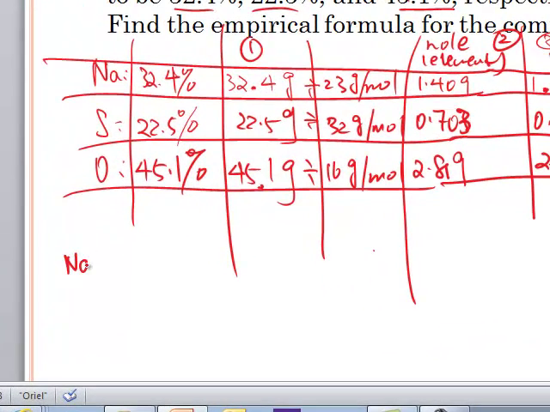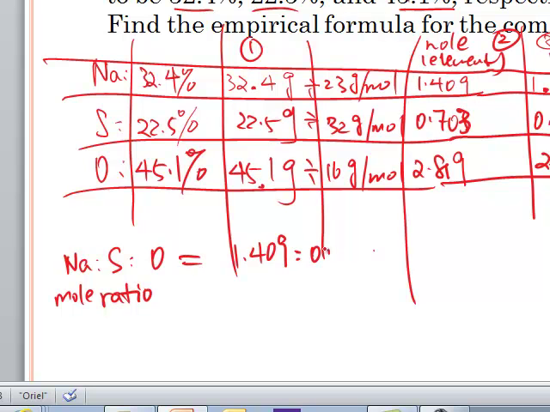Sodium, sulfur, and oxygen, it's a ratio between them. We're talking about the mole ratio. So in this case we will have 1.409 over 0.703 over 2.819. A very interesting fact to recall from your mathematics: if it's a ratio, you can take the values for each and divide them by any non-zero number, so the relative ratio between those elements does not change.